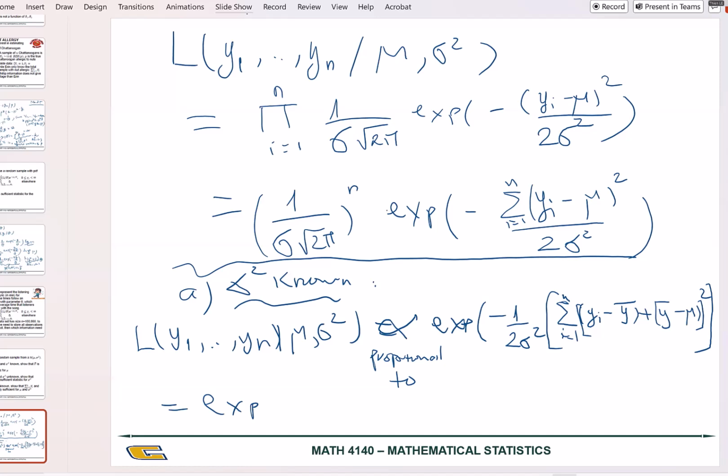When you do it for the s square, it's nothing else than this: the summation of i from 1 to n of y i subtract y bar, square, plus n times y bar subtract mu, square.